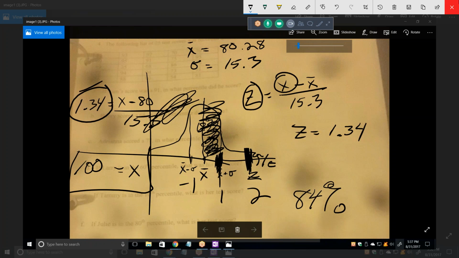But if we look at that table, I don't see any hundreds. So clearly, if you scored 100, you would be in the 99th percent. So not quite sure why I'm coming up with this answer. I'm almost positive I'm doing it correctly. But anyway, let's go to the next one.